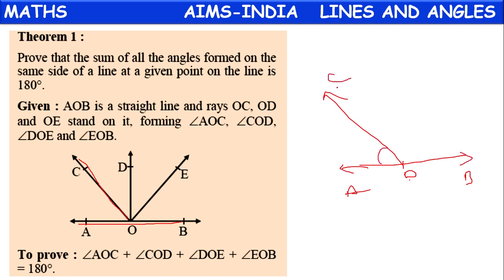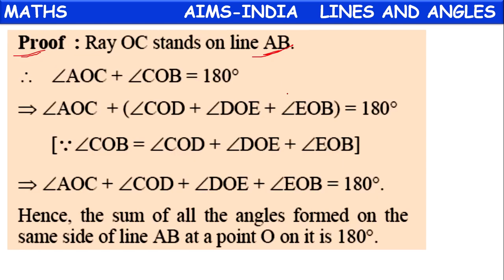So AOC plus COB will be equal to 180 degrees.